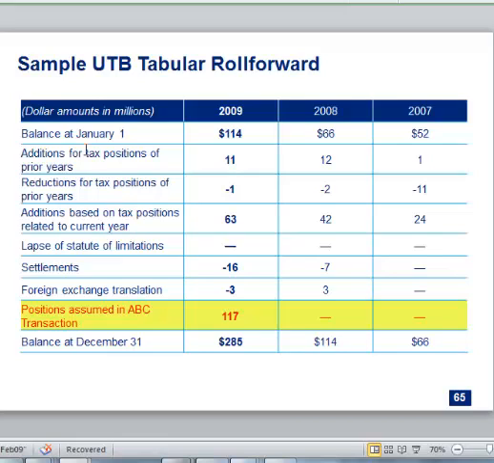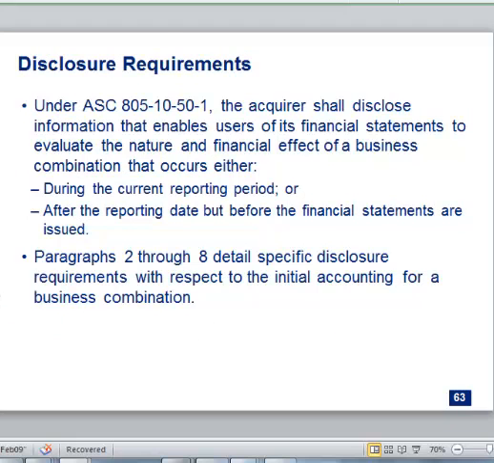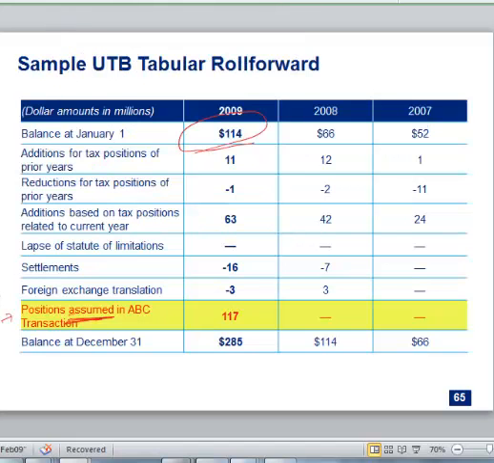So in this sample table, what this company was saying was, at January 1, I had 114 million of exposures, but then I bought this company, and I assumed their exposures, and they had another 117 million. So at the end of the year, I had 285.